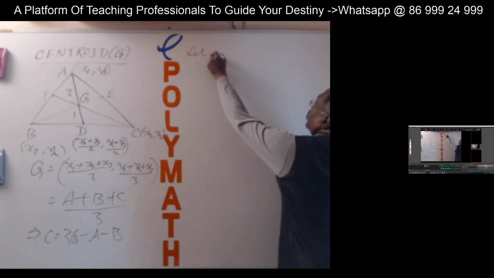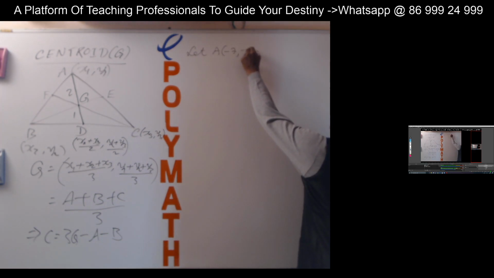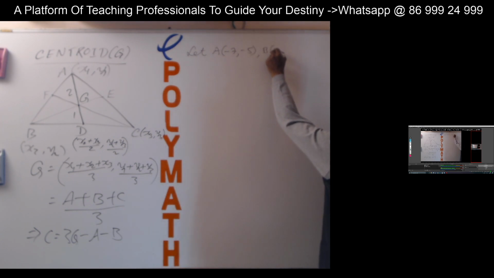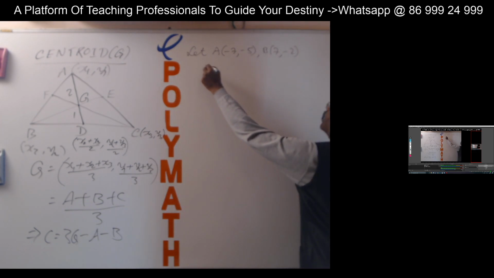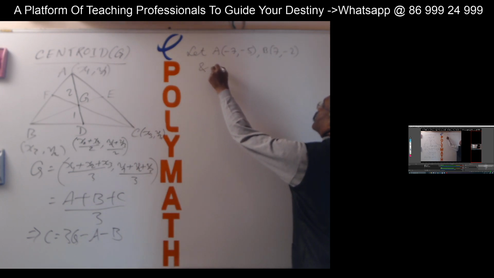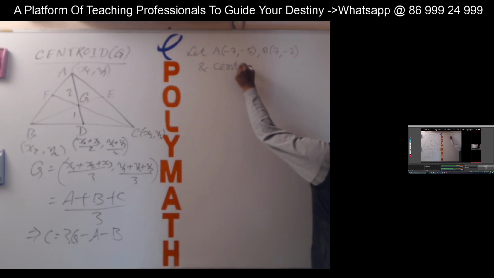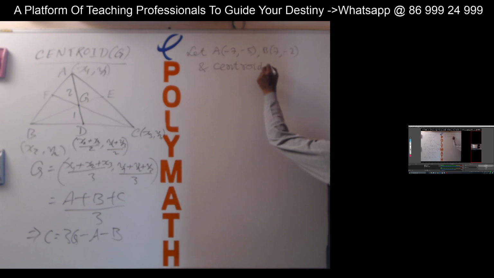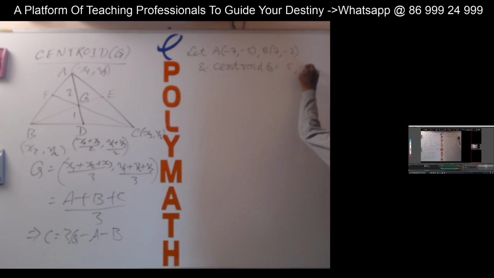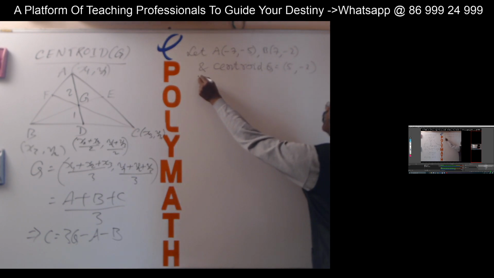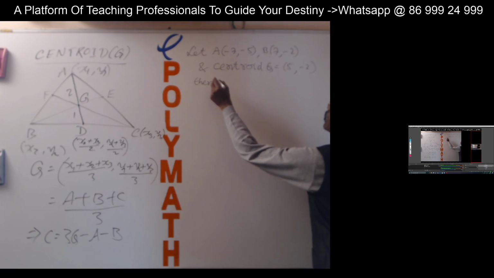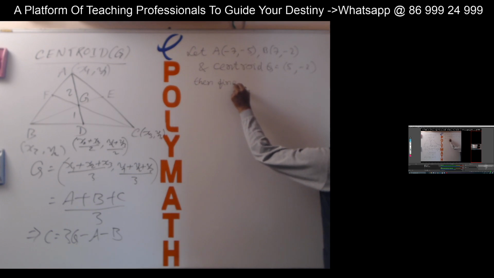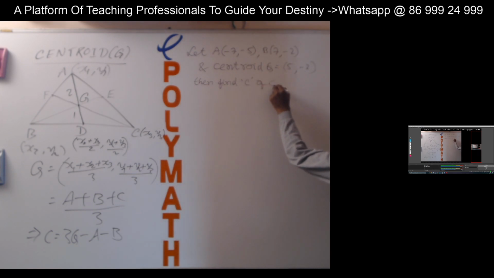Let a be (minus 7, minus 5), b is (7, minus 2), and centroid G is equal to (5, minus 2). Then find C of triangle ABC.